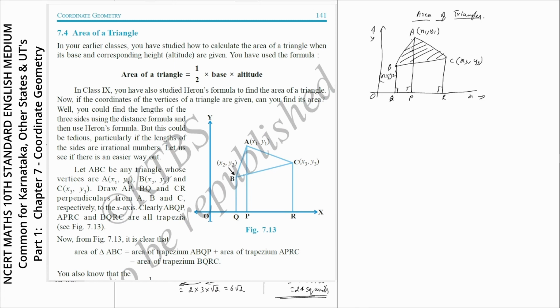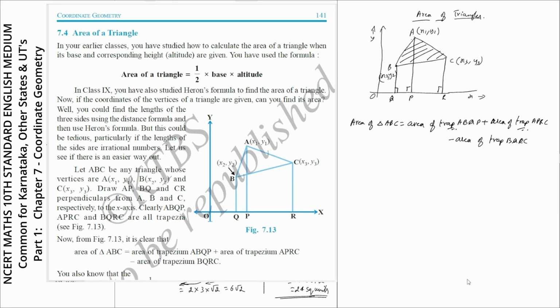Now you can see that there are 3 trapezium. First trapezium is ABQP. Second trapezium is APRC and the third trapezium is BQRC.